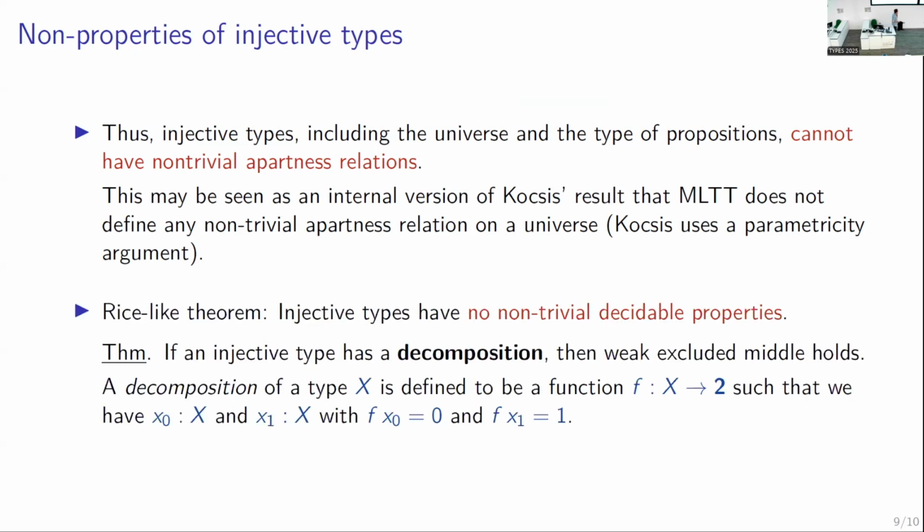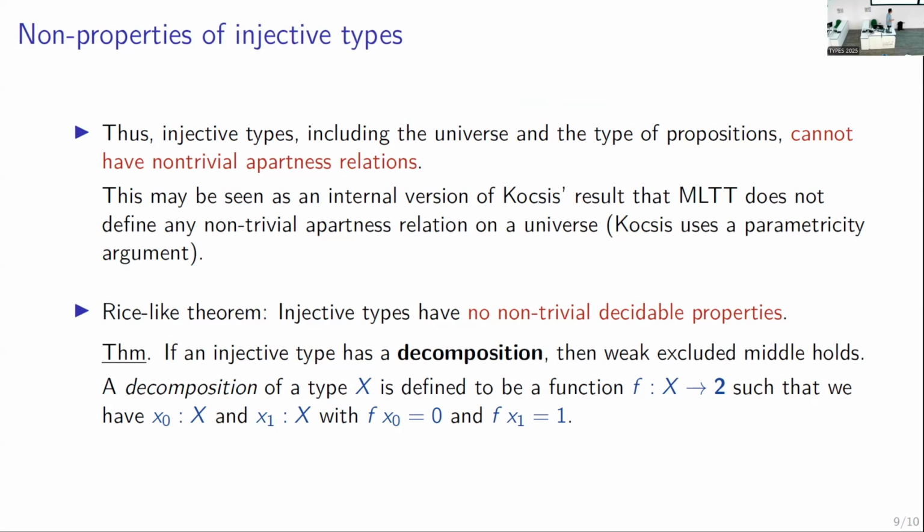And there's also a sort of Rice-like theorem, which says that injective types cannot have non-trivial decidable properties. So meaning that if you have a decomposition of an injective type, then weak excluded middle holds. A decomposition of X is just a function into the Booleans, such that you have two points where the function takes different values.